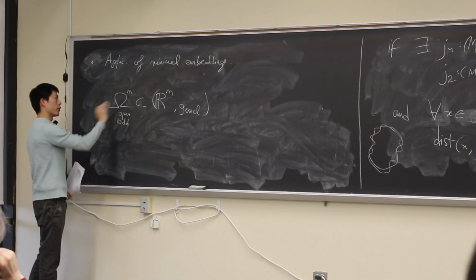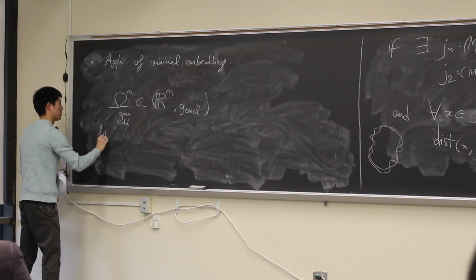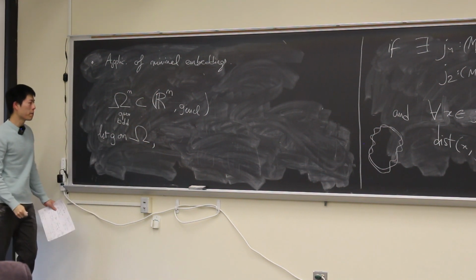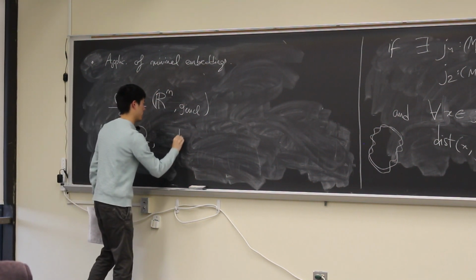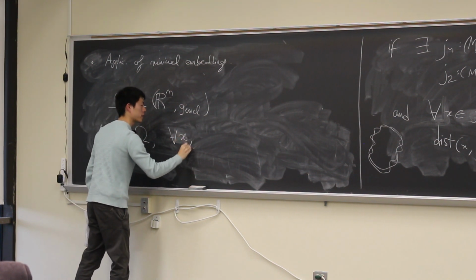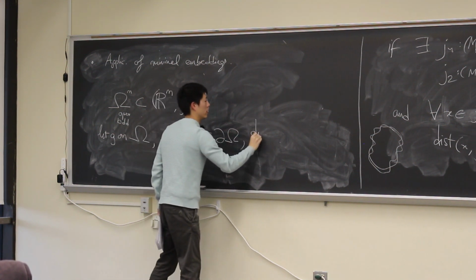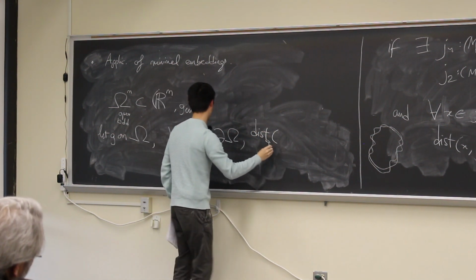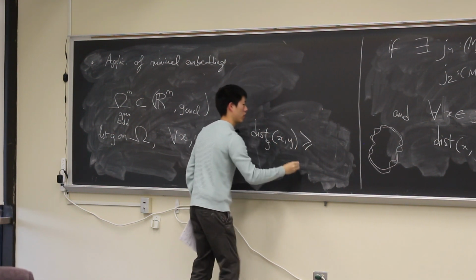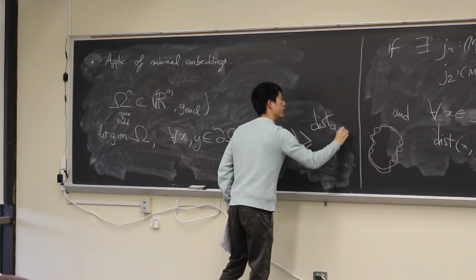Now, let's put another abstract Riemannian metric on this Omega. So let's put g on Omega such that you have the following condition. For any x and y on the boundary of this Omega, you have the following inequality.